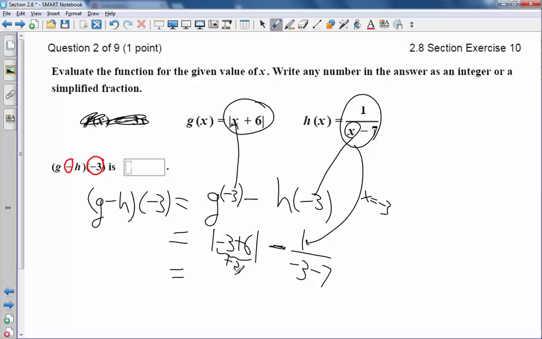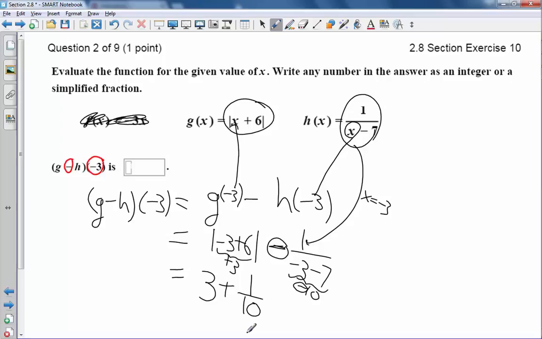Positive 3. What is absolute value for the positive number? It's the number itself. How about this? Minus 3 minus 7 makes minus 10. But this minus and this minus combine into positive 1 over 10.